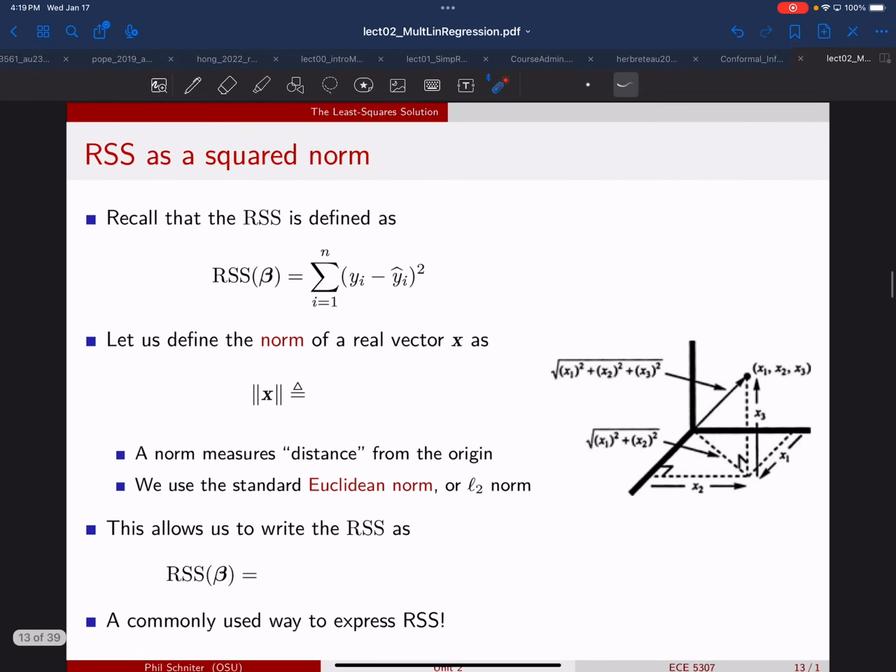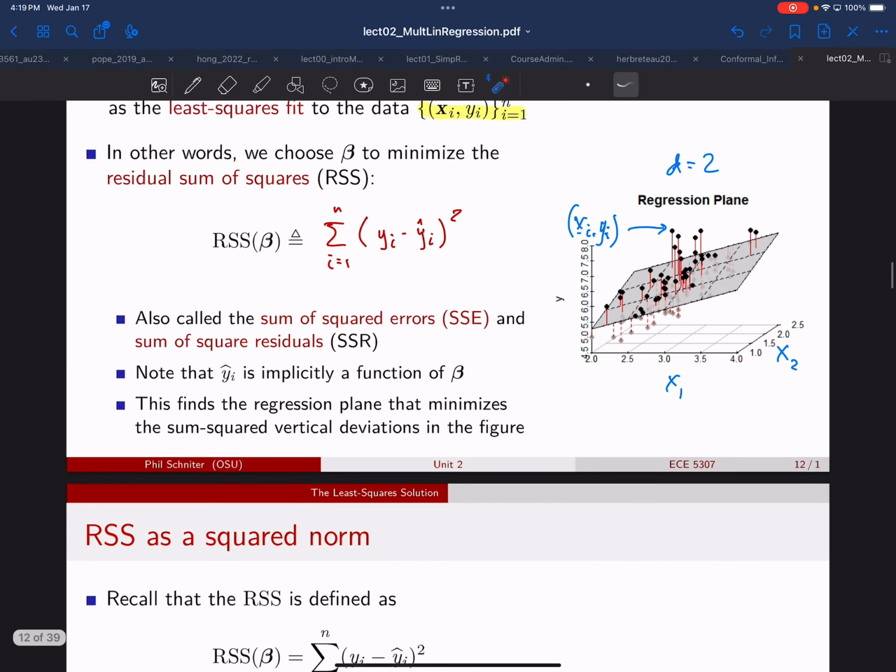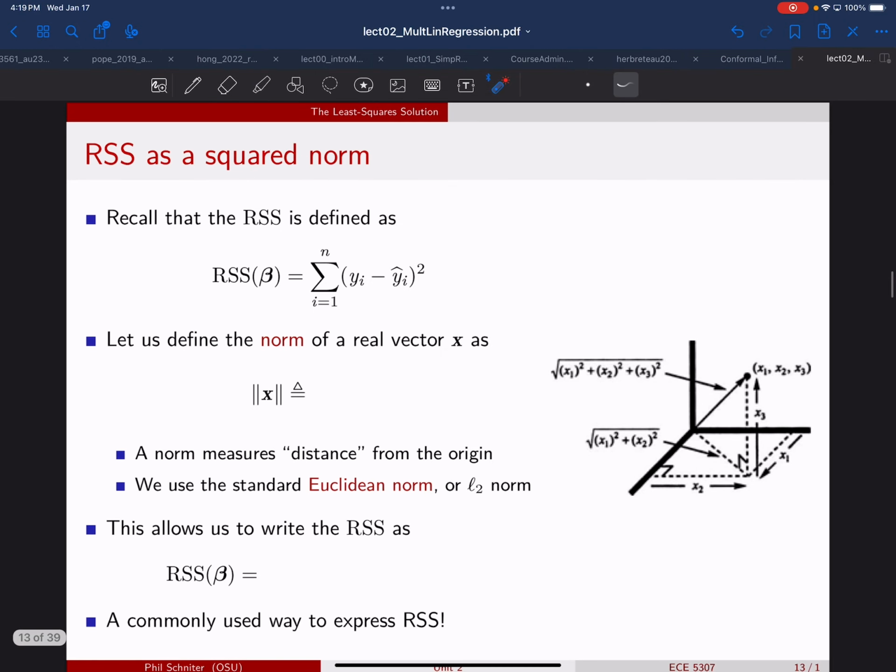So sometimes we would like to write this in a bit more of a compact way, and we can do that using the norm. So here's RSS again, and let's remember how a norm is defined, or at least how the Euclidean norm is defined.